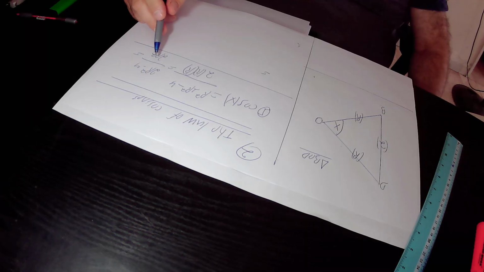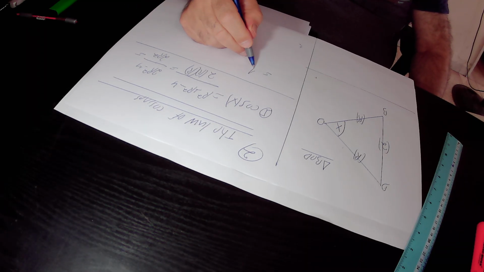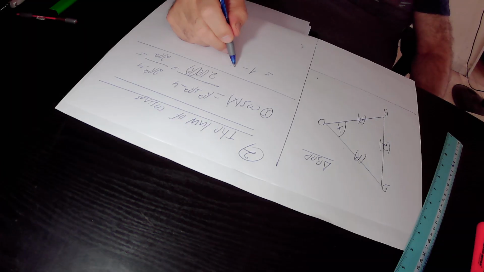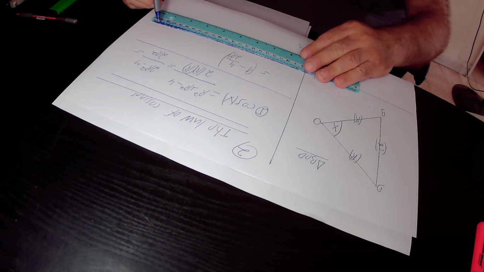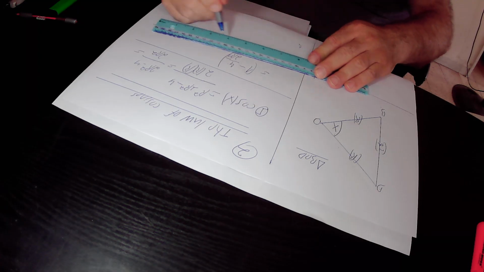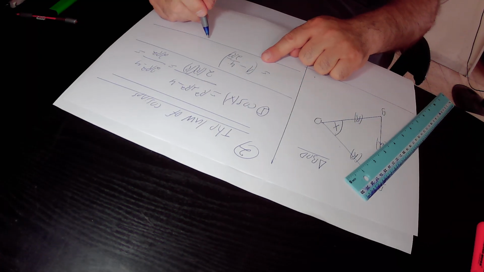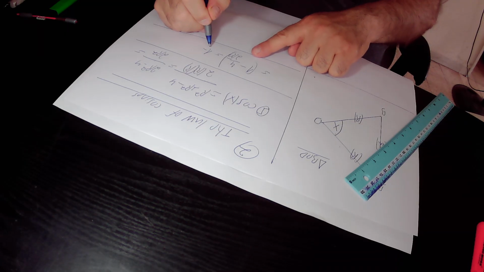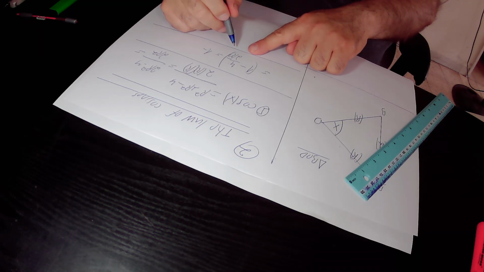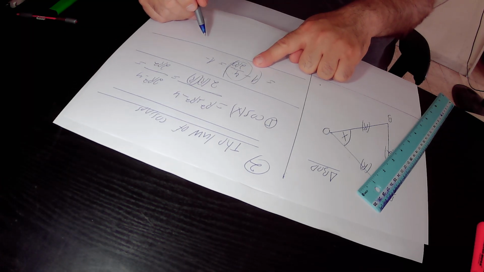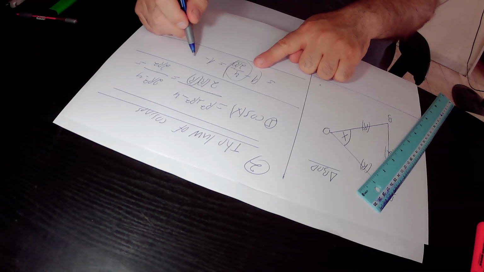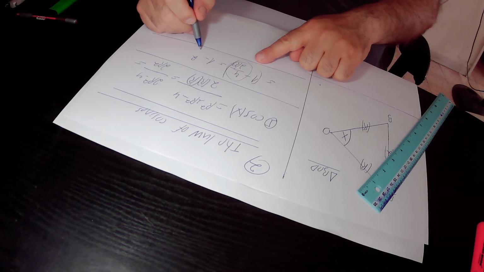So 2R square over 2R square is 1, and we also have minus 4 over 2R square. So cosine x equals 1 minus 4 over 2R square. Here we divide both the numerator and the denominator by 2, and we get that minus 4 over 2 is minus 2, and 2R square over 2 is R square.